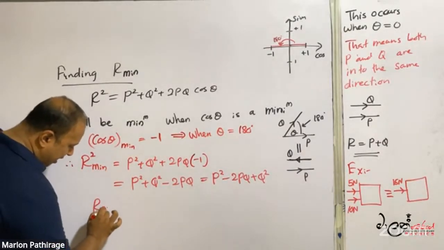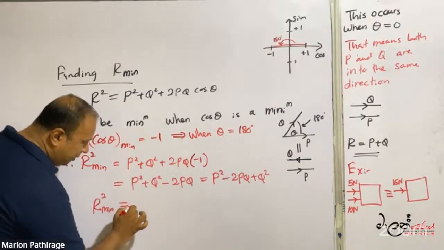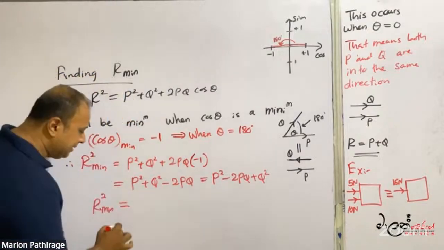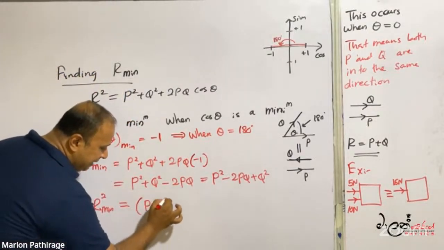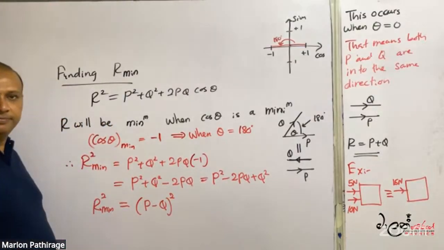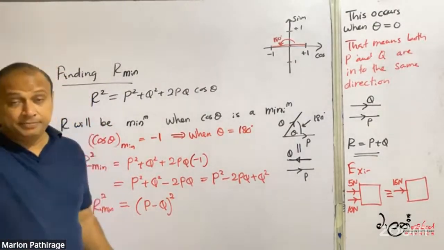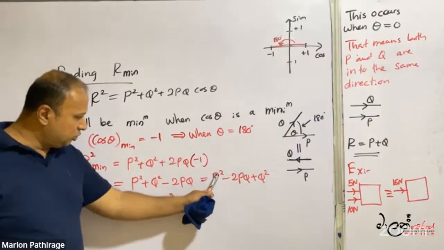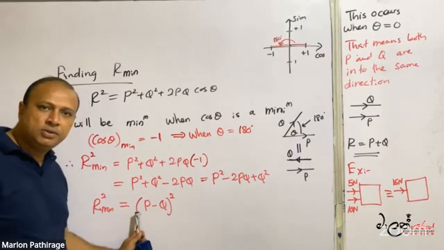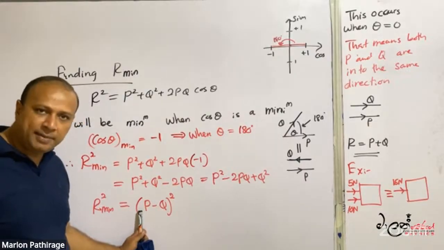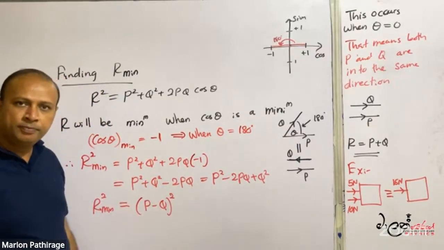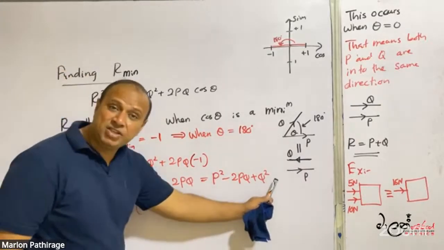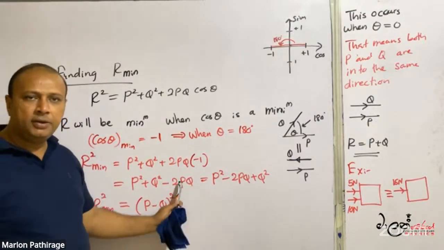Therefore, R minimum squared is equal to P squared minus 2PQ plus Q squared, which means P minus Q whole squared. If you expand this expression, it will have P squared, 2 times minus PQ, then Q squared. Therefore, this expression is equal to P minus Q whole squared.